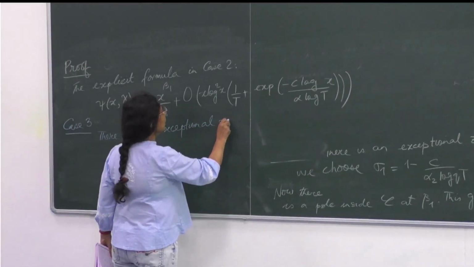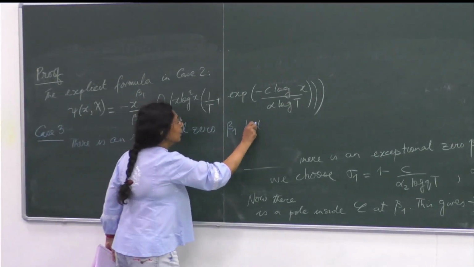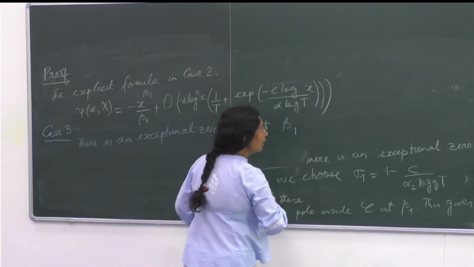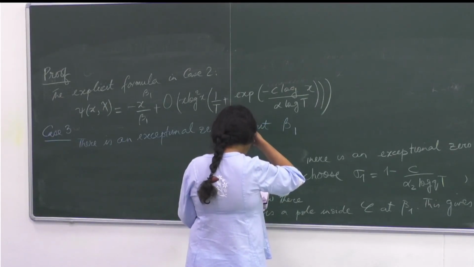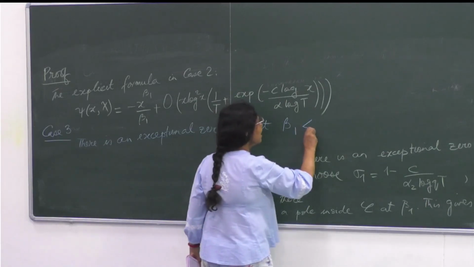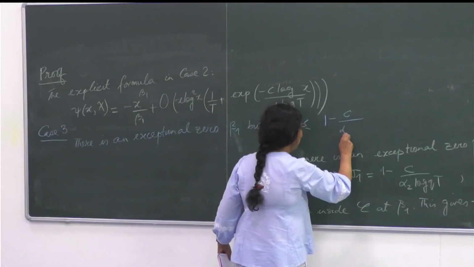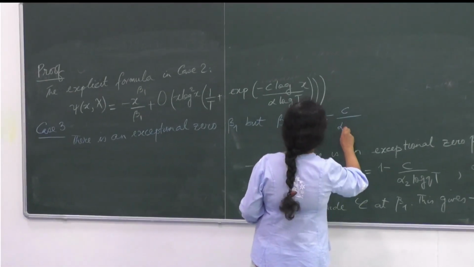The exceptional zero, which is beta 1, but the earlier beta 1 was greater than or equal to, so this time beta 1 is less than 1 minus c by alpha 1 log qt.